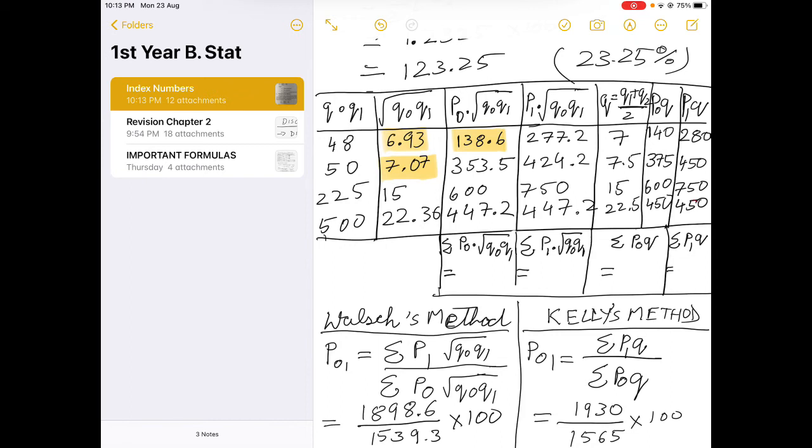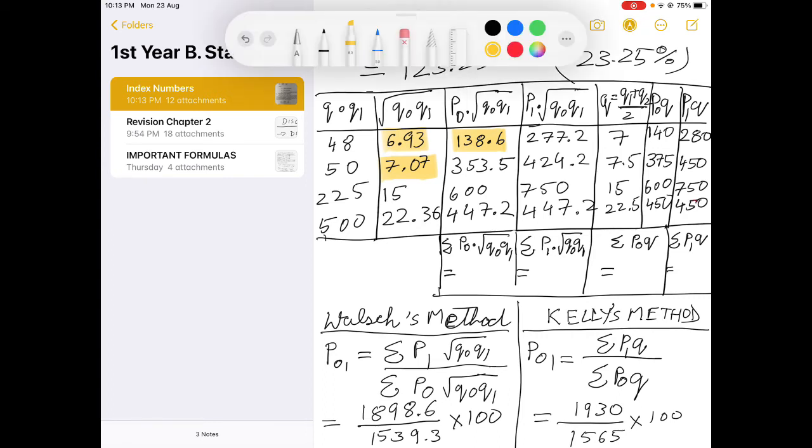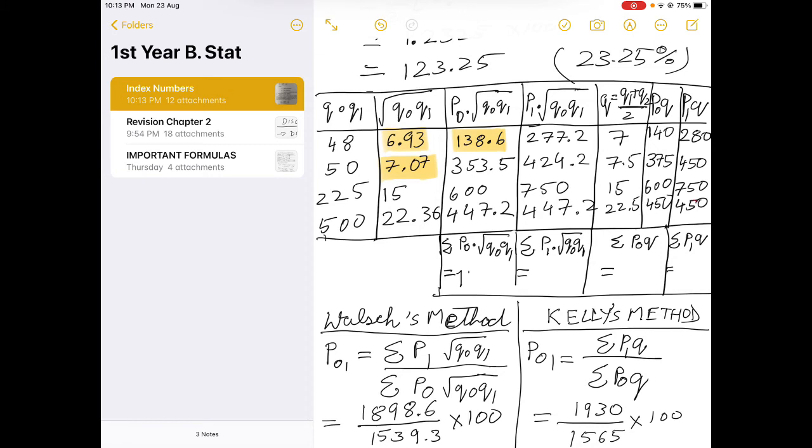Once we finished these calculations, we calculated the sum of P0 square root of Q0 Q1. I get the value of 1539.3. Similarly, again take the geometric mean of the 2 years quantities of each good and multiply with the prices of 2009.